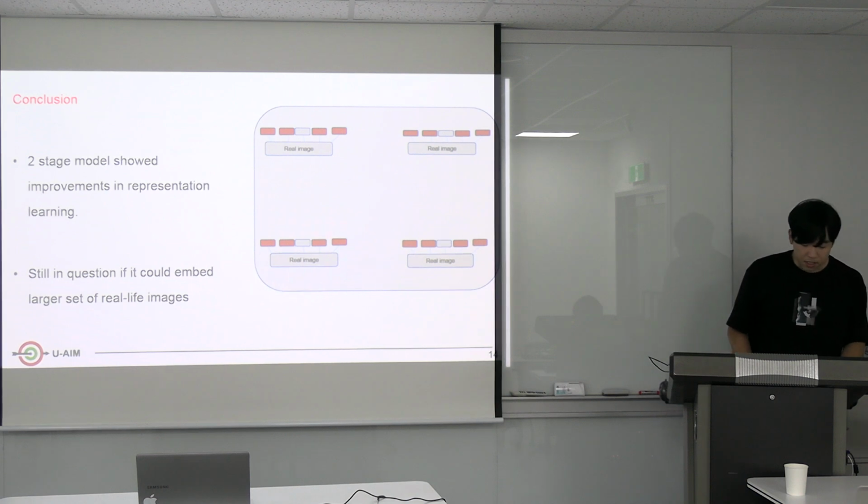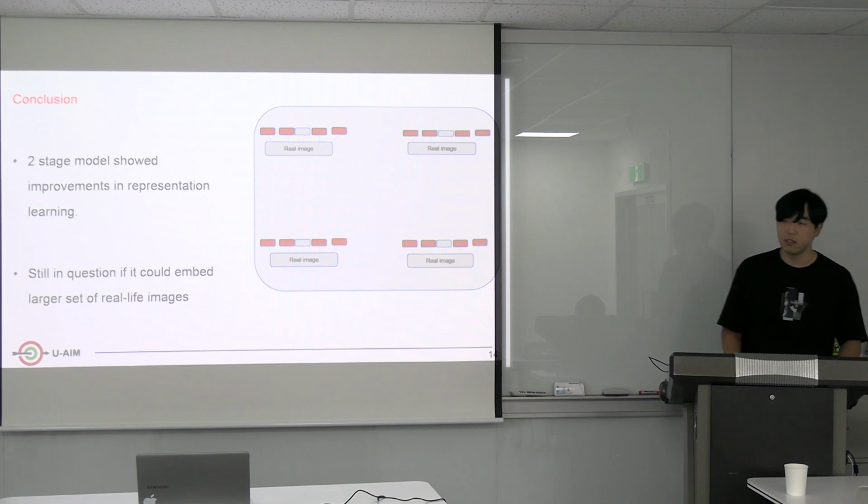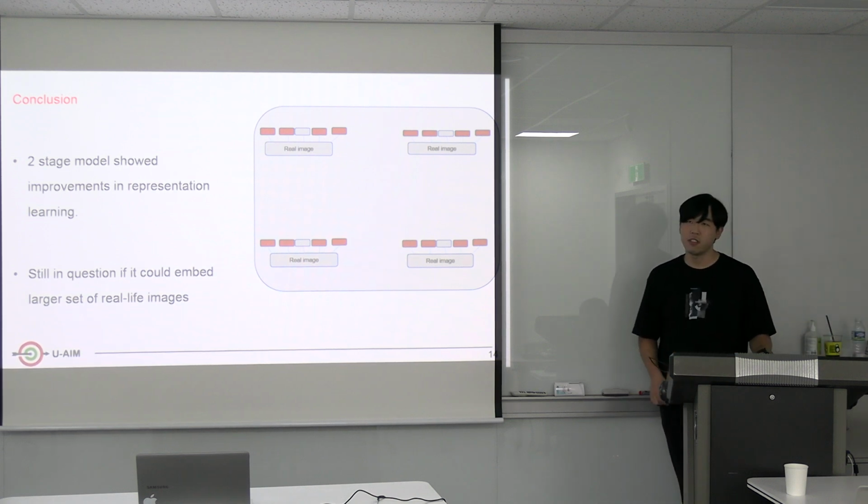However, I've discovered that this paper did not use large-sized data, larger than 256 dimensions. This made me question whether this model could embed tremendous datasets of images larger than 256.